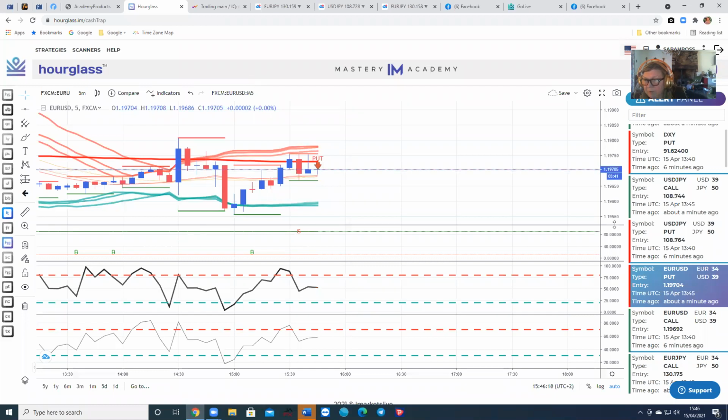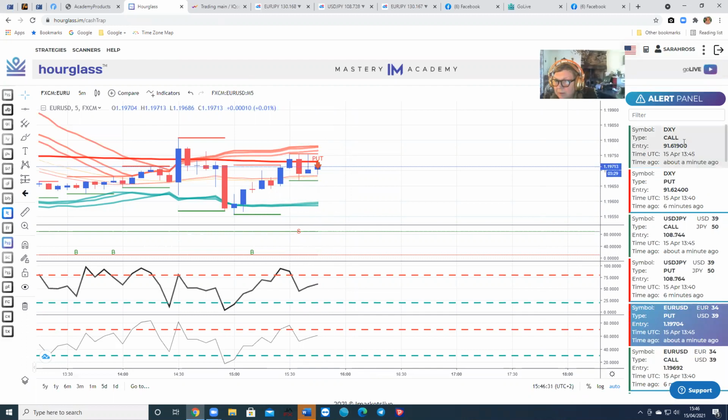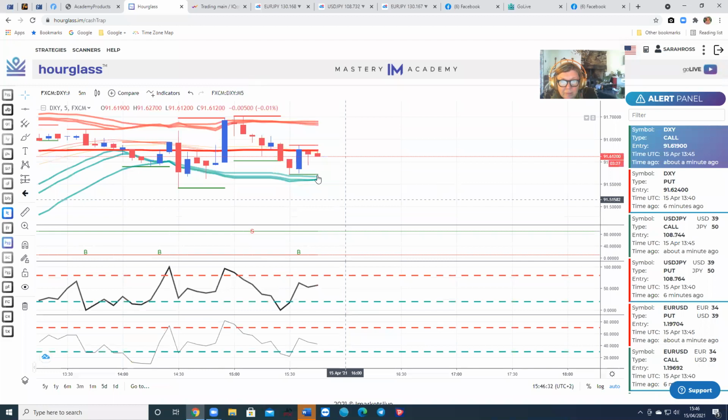It was called at 704, it's still up at 705. So it's not really an ideal trade, is it? Right through the middle, and the DXY is saying stronger, but it's just off that middle line as well.